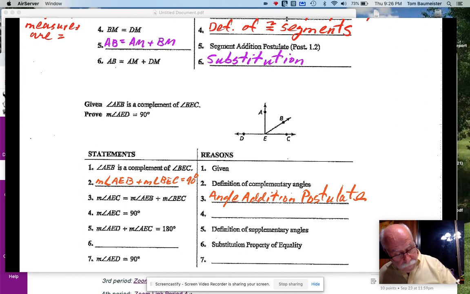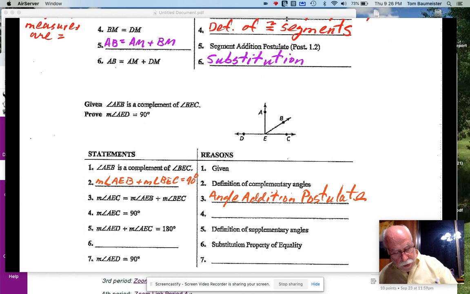We have if P is equal to Q and Q is equal to R, then we can say that P is equal to R. And what is our reason there?